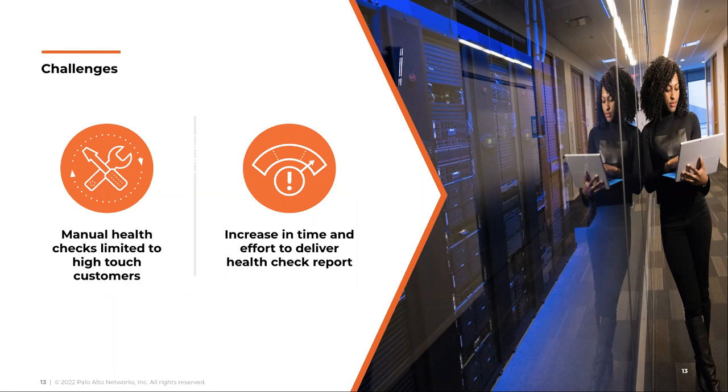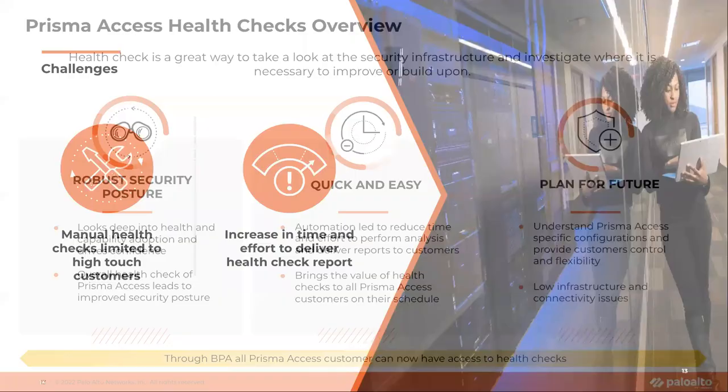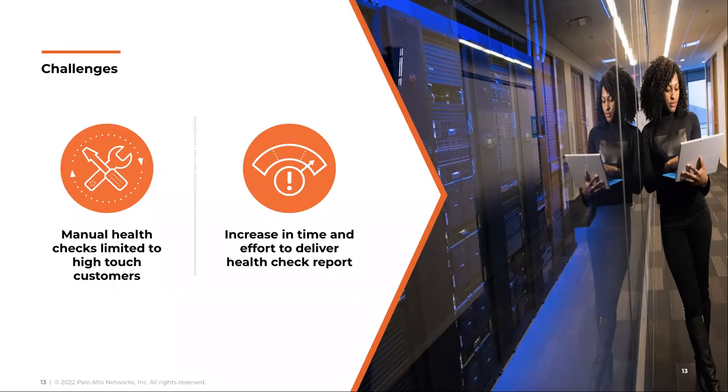So our customers really had to wait for a couple of weeks, or not even weeks, a month, to get those reports, right? And this is why it was so important to leverage tools such as BPA to automate Prisma Access health checks, to save time of our customers and to bring the value of health checks to all our Prisma Access customers and on their schedule.